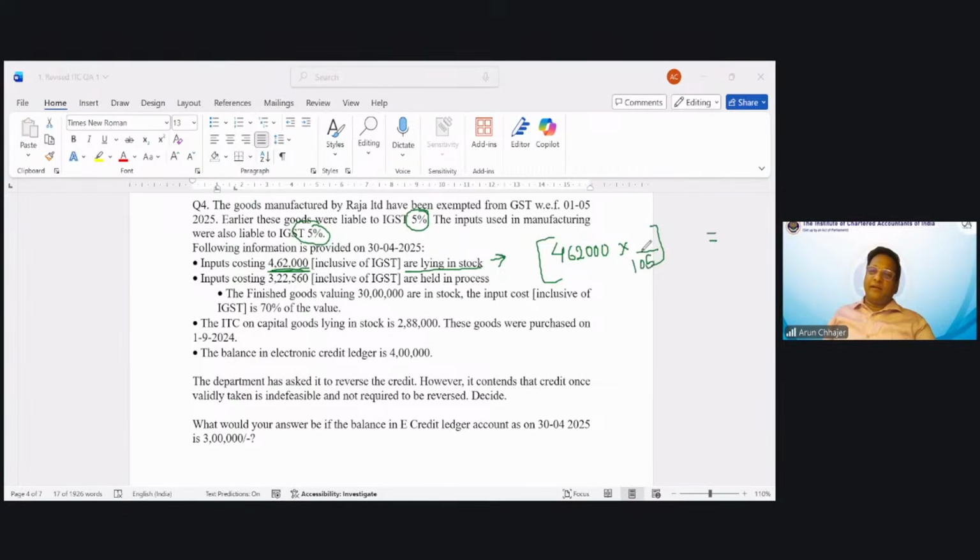Divided by 105, multiplied by 100, and then the tax rate is 5%.